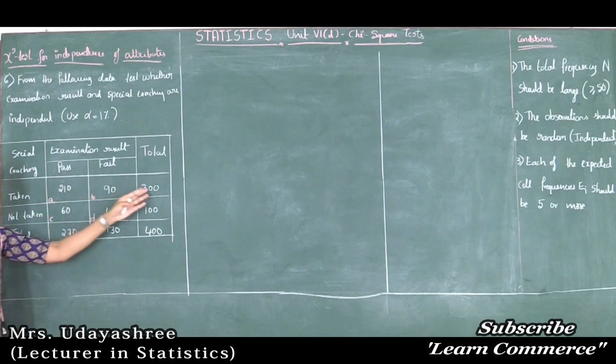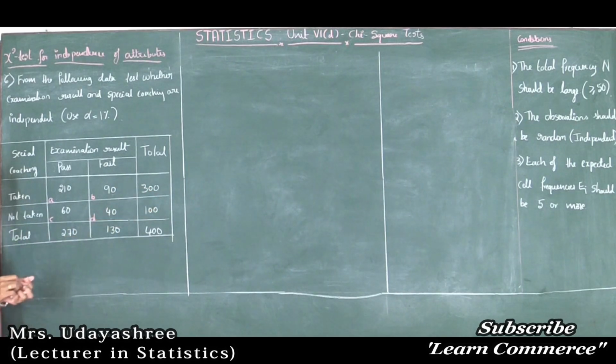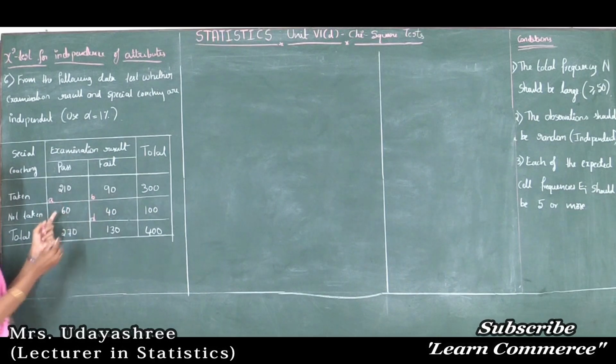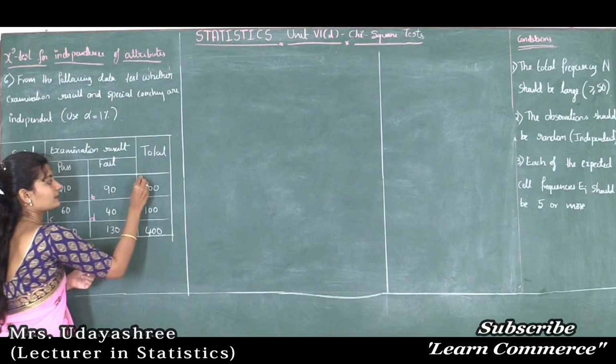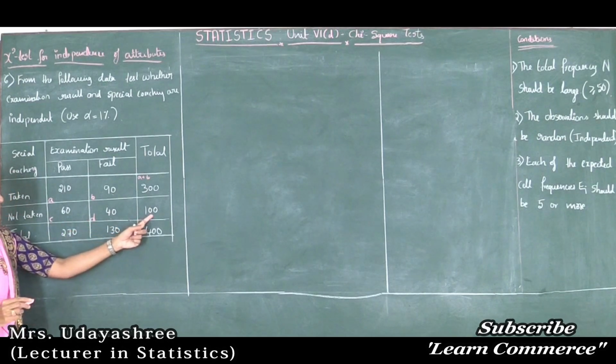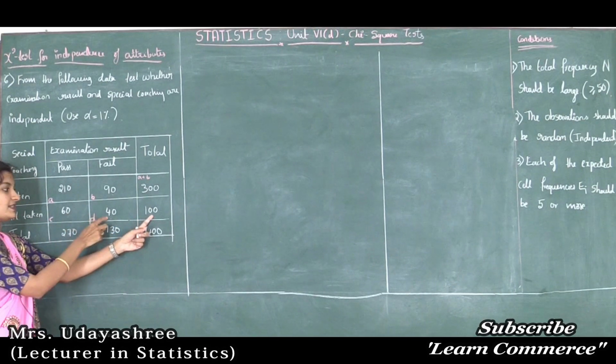Now let's see what 300 is: that is 210 plus 90, that is A plus B. Then 100 is C plus D, 60 plus 40 is 100.